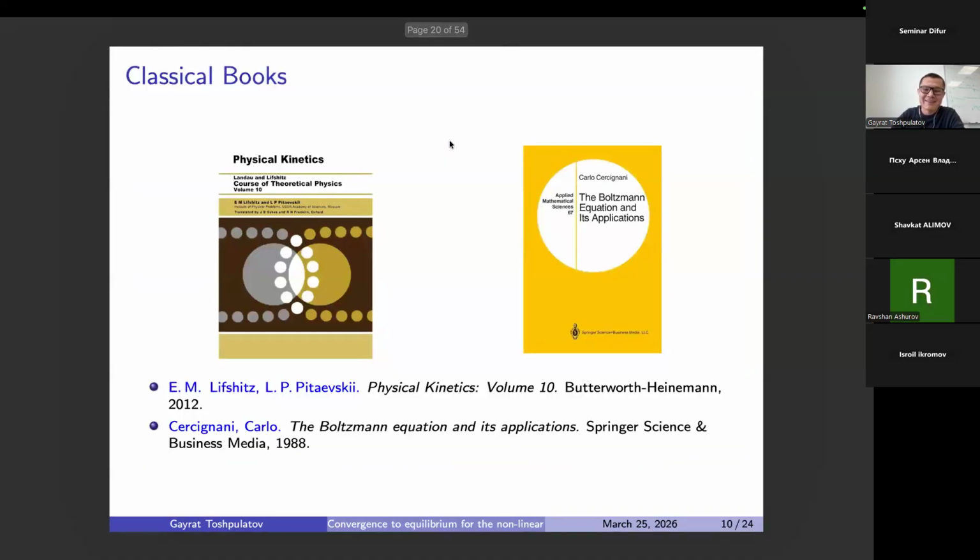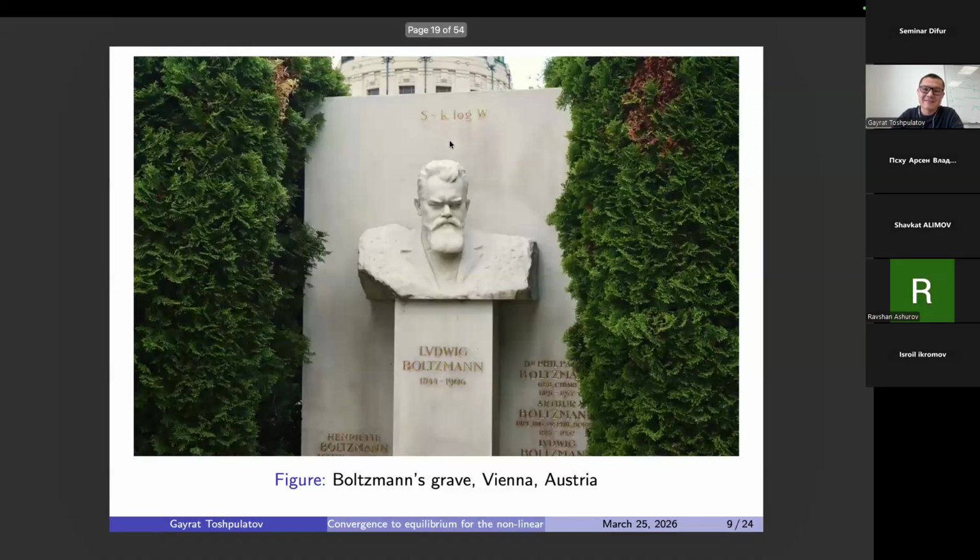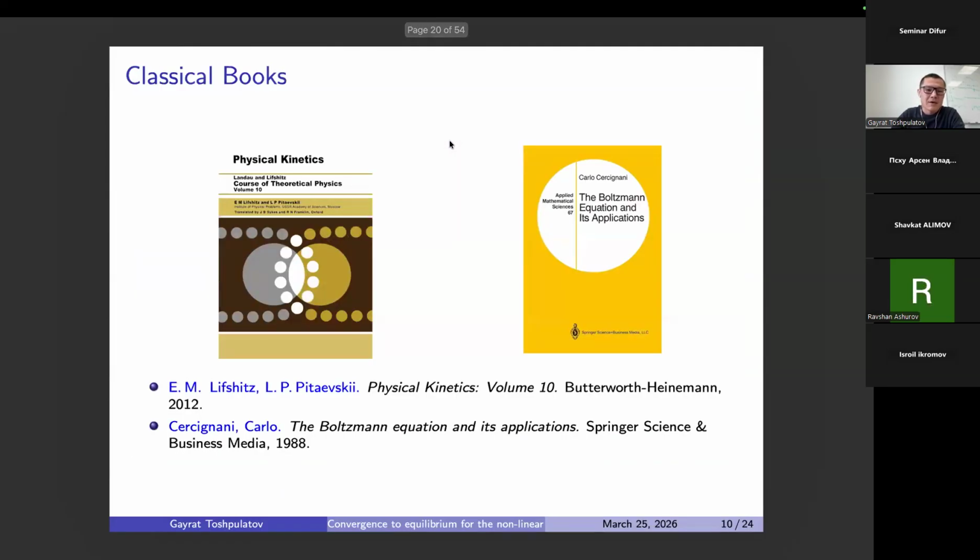K is the Boltzmann constant. And for more information about this field, I can refer to these classical books. For example, the first book by Landau, Lifshitz, and Pitaevskii, and another book by Carlo Cercignani. They include everything about this field and these equations.